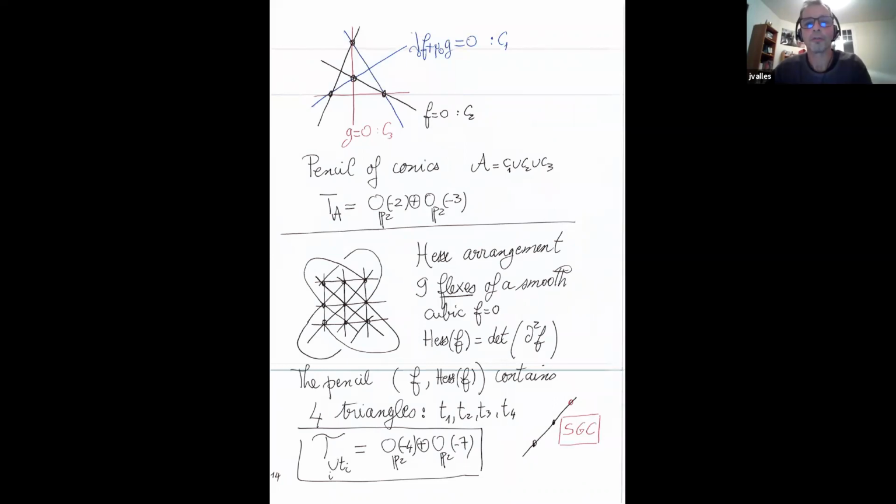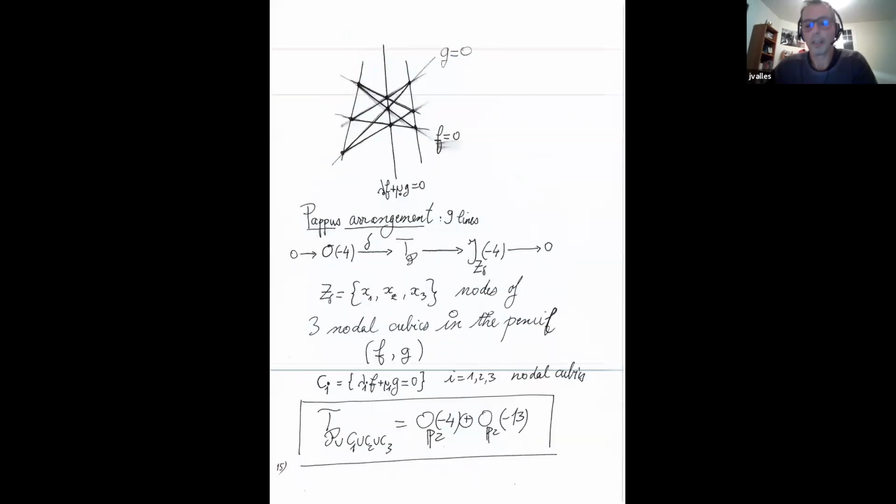Okay, the union of the singular members of the pencil. Here another example. If you take the Pappus arrangement of 9 lines, then in this pencil you have 3 triangles, but 3 triangles in a pencil of cubics is not enough because it gives you 9 points, but you need 12, you need a degree 12 of singularity because the discriminant variety has degree 12.